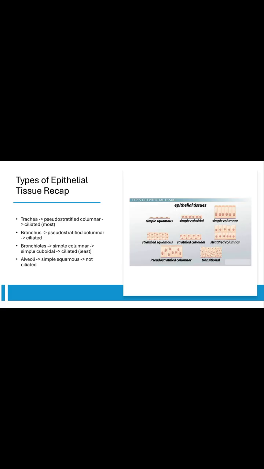The bronchioles are simple columnar and simple cuboidal, so no pseudostratification there. And they are the least ciliated out of the trachea, the bronchus, and the bronchioles. Alveoli not ciliated whatsoever. They have simple squamous epithelium, as well as type 2 pneumocytes, which are simple cuboidal.